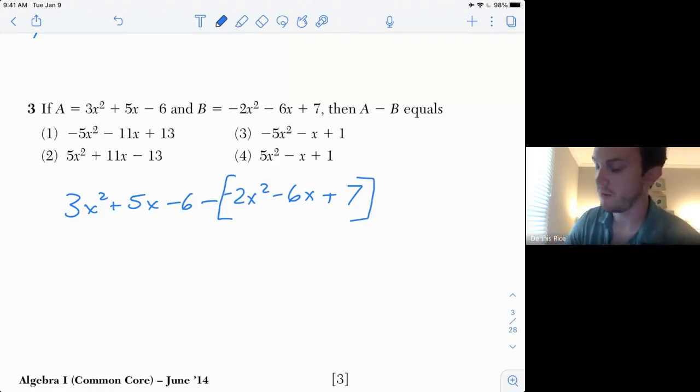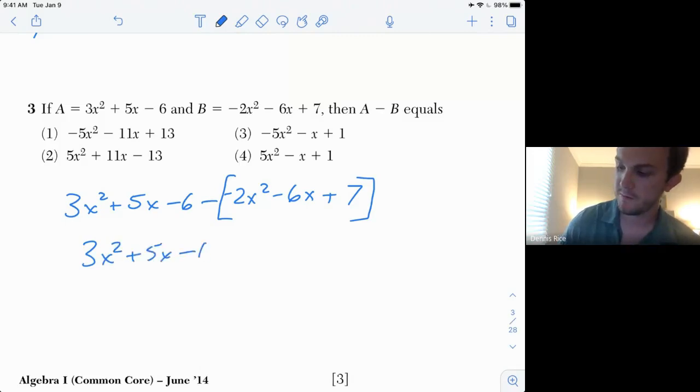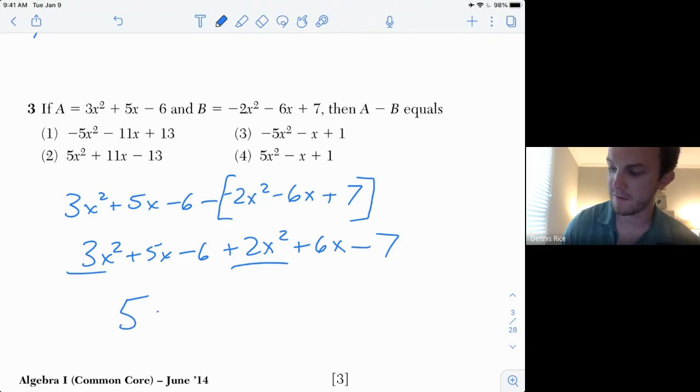If I don't put the parentheses there, I'm not really subtracting B. I'm just subtracting the first term. So the parentheses, even though they don't exist in the problem, have to go there. And now we distribute the negative. So that becomes plus 2x squared plus 6x and then minus 7. Now I combine like terms. I get 5x squared. 5x and 6x gives me 11x.